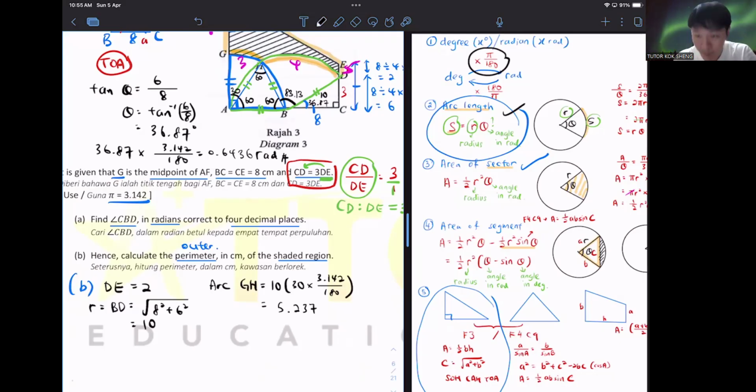5.237. I write in 4 significant figures. 5.237. Okay. Next one, number 4. Radius 10 again. Angle is 83.13 degree. You have to convert to radian.